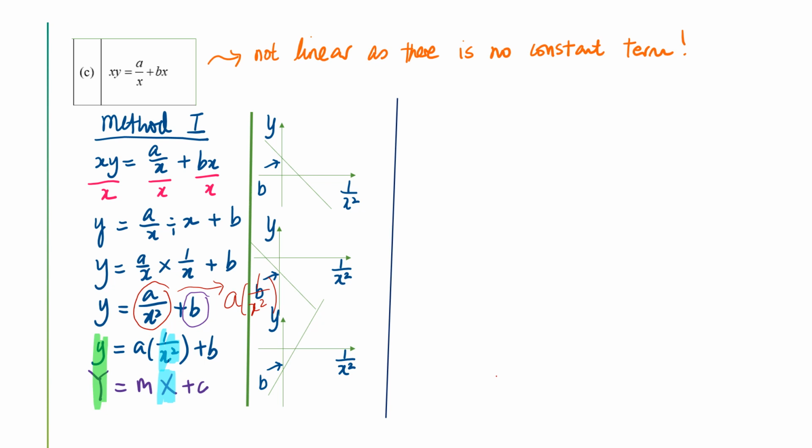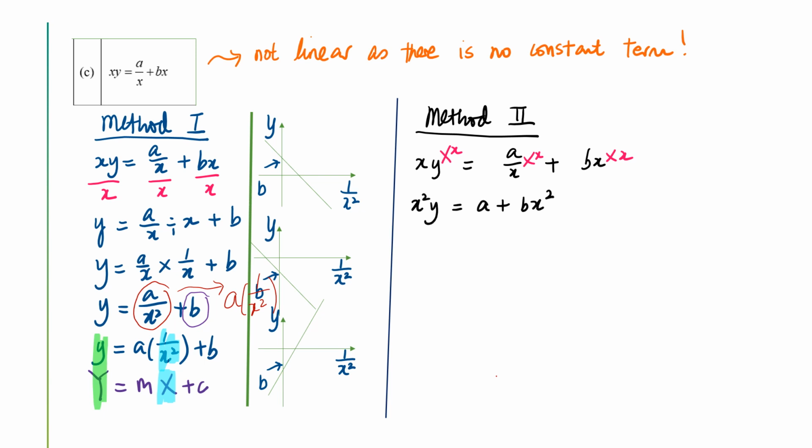All right, there's another way of converting the non-linear to linear form. In this case here, we're going to multiply every term with x. You can actually apply any method as long as the final product contains a constant.